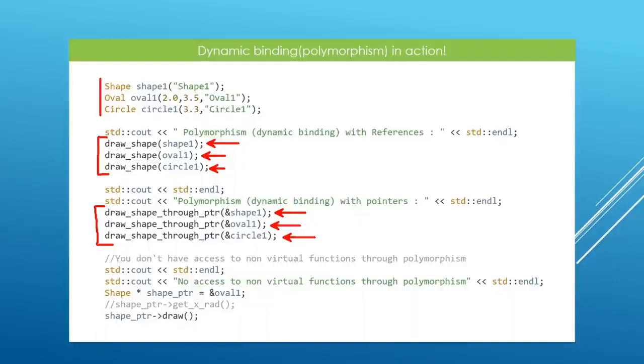And if we happen to be setting up a raw base pointer like we do here and store in a derived object like this, or another way to say this, if we happen to be using this base pointer to manage a derived object and we call the draw method on the base pointer, the compiler is going to know that it will need to resolve this draw method dynamically.